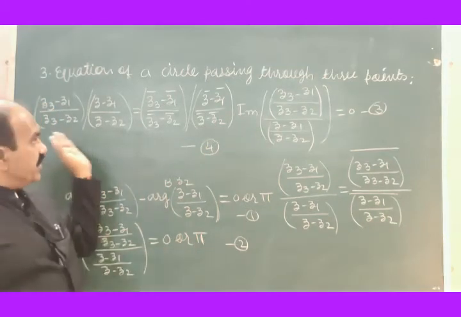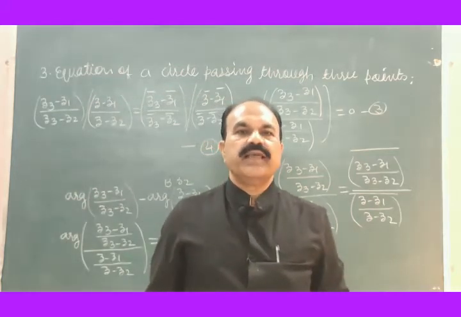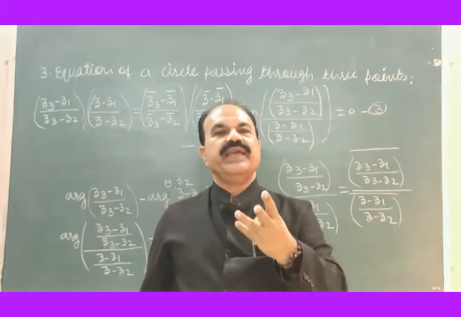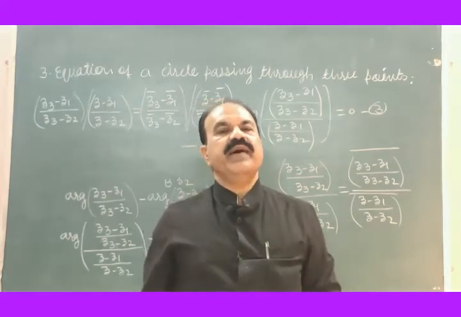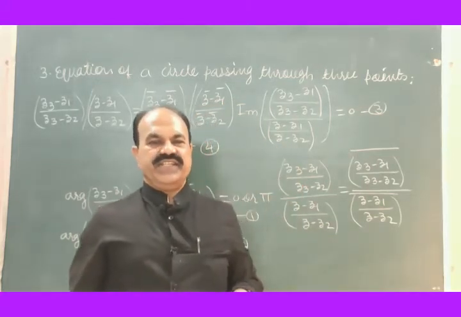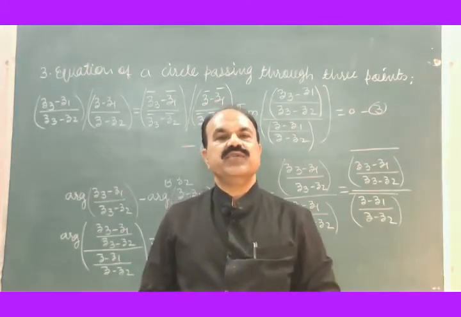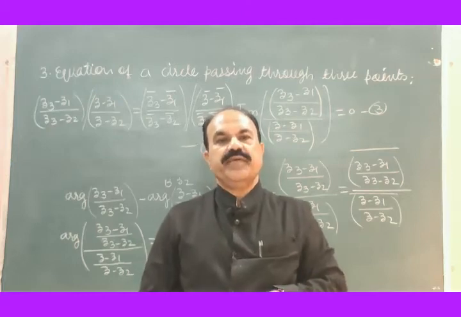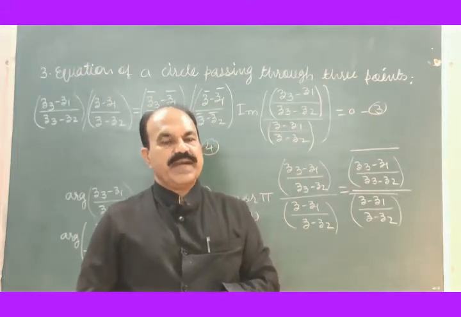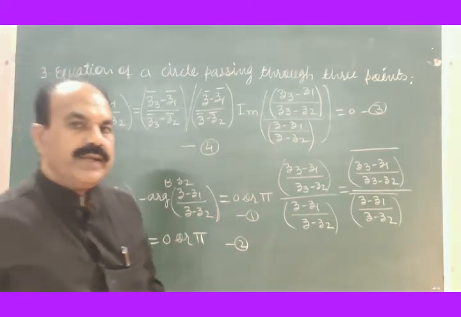Equation number 4. This is the equation of the circle passing through 3 points A, B and C specified by the complex numbers Z1, Z2 and Z3. Okay.